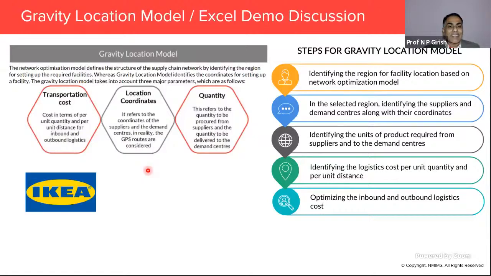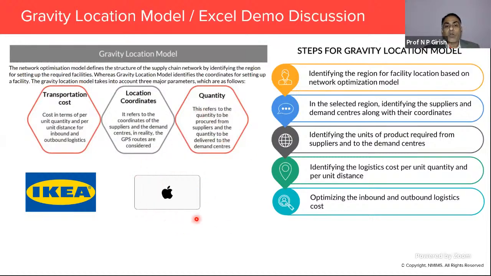Now let me ask a question. IKEA, they moved to China. They decided they want to set up a facility in China. Strategic decision. That's a network optimization. If they want to know where in China they will be setting up the facility, that is what the gravity location model is going to answer. Apple, they are moving Foxconn, moving to Taiwan, moving to India, answered by the network optimization model.